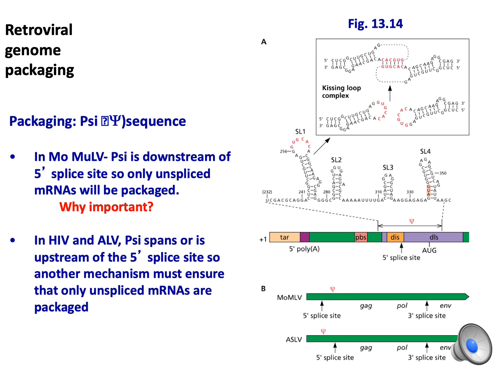In HIV and avian leukemia virus, it turns out that the psi sequence, the packaging sequence, is upstream of or spans that splice site. So there are other mechanisms that ensure that only the unspliced messenger RNAs are packaged, right?